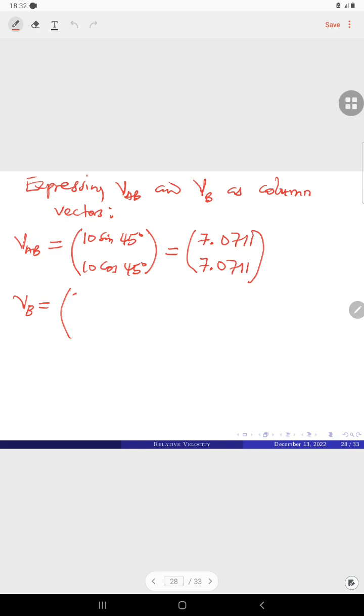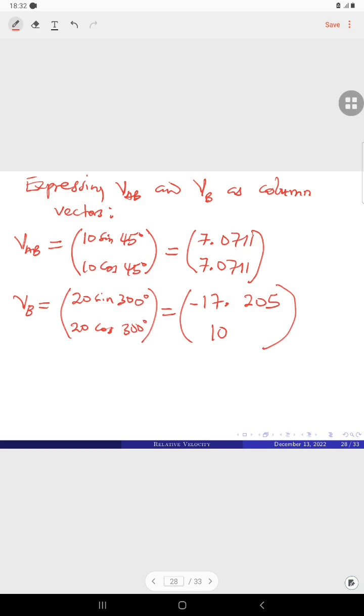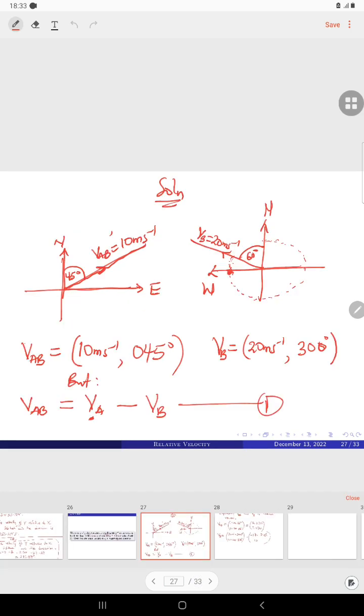So 20 sine 300 degrees, 20 cos 300 degrees. And this gives you negative 17.3205, and this gives us 10. So for uniformity, you can add 10.00 and it's still 10. Right? Good. So, you see, this is our equation 1.